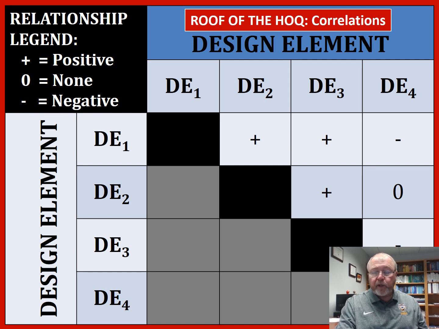Design element 3, we know its relationship. It's positive with 1, it's positive with 2, and I don't know what it's negative with D4, design element 4. And with design element 4, we know what that is. It's inversely related, negatives. Inversely related to 1 and to 3. It's unrelated to D4.